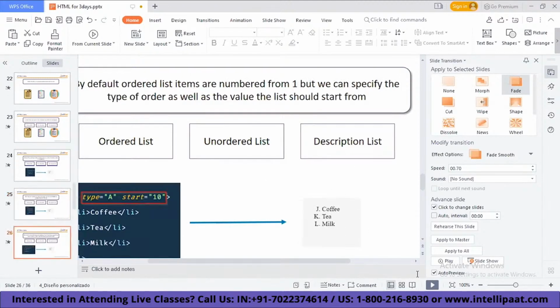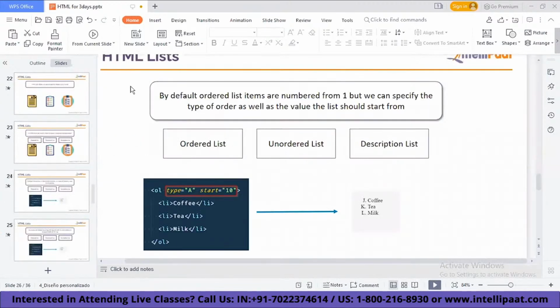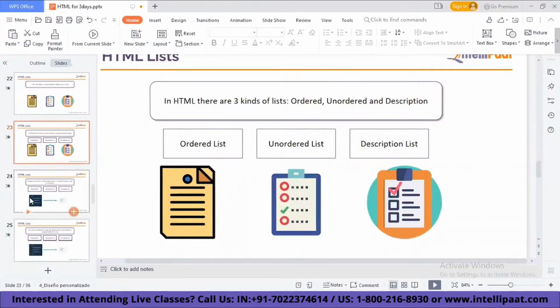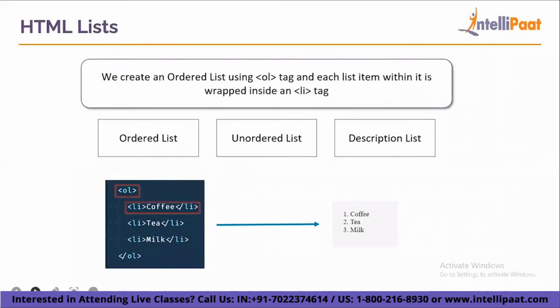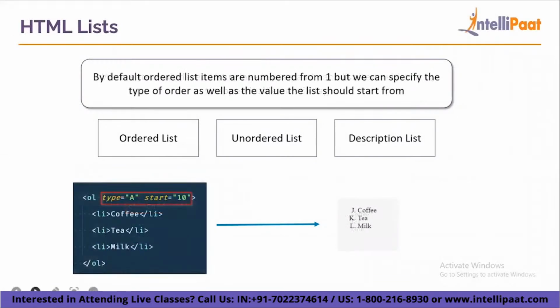Next, they are saying that now we are in an ordered list, and we have explained this. This is also done. The next point is that by default, ordered list items are numbered from one. By default you can see it over here.